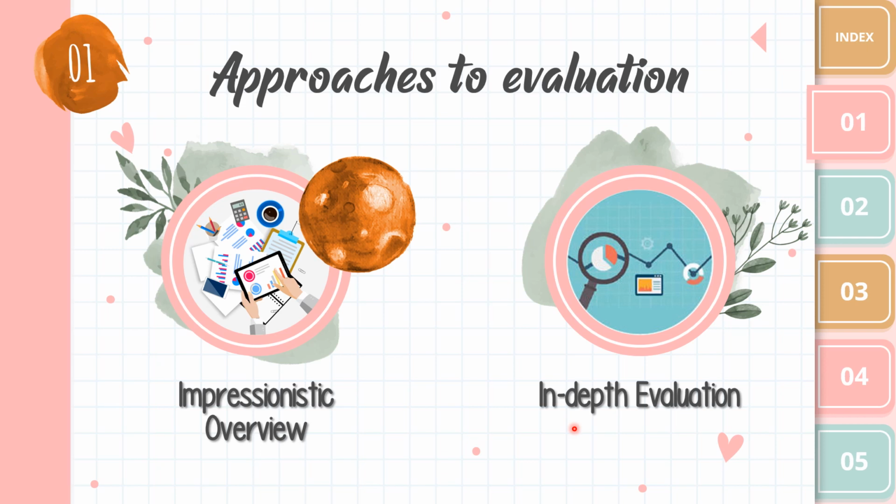This kind of impressionistic overview is useful and gives us a general introduction to the material. However, it is insufficient to give enough detail to ensure a good match between the coursebook content and the requirements of the learning or teaching situation.